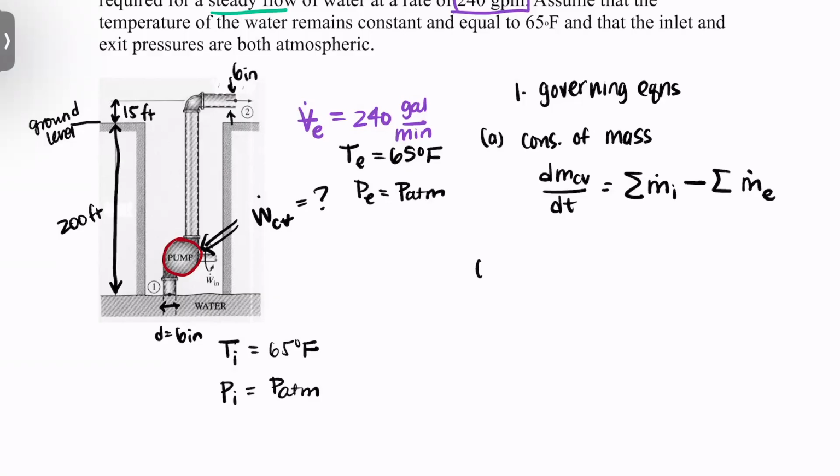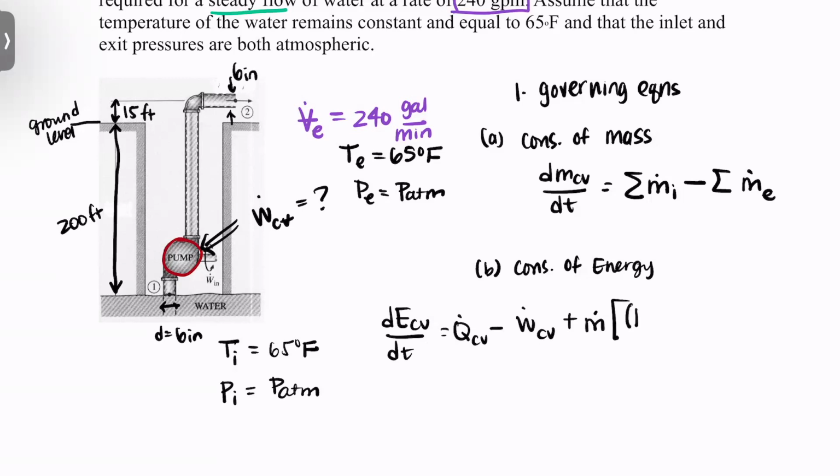And then we also have conservation of energy. So we have dE dt is equal to Q dot CV minus W dot CV plus m dot times HI minus HE plus 1/2 VI squared minus VE squared plus g times ZI minus ZE.